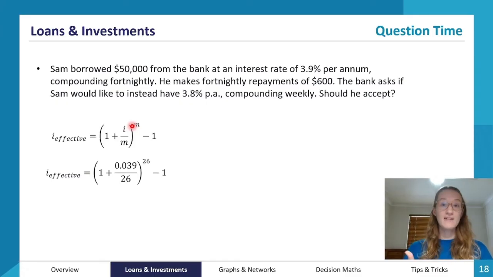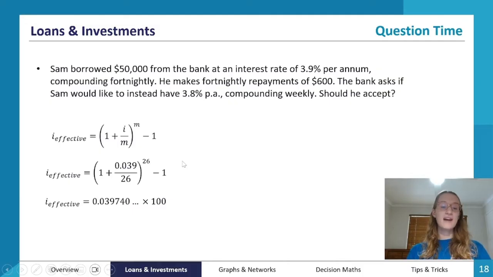So I in the annual effective rate of interest formula is simply the decimal rate of interest per annum. That's all we need to know for that bit. So for his first option, the option he's currently on, it's 3.9% per annum, so 0.039, divided by the number of compounds per year, and because it's compounding fortnightly, that's 26, and then also to the power of the number of compounds per year, which again is 26.